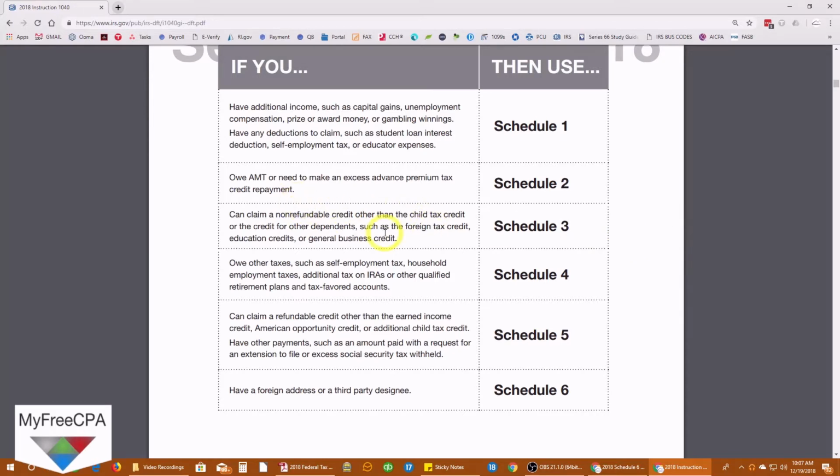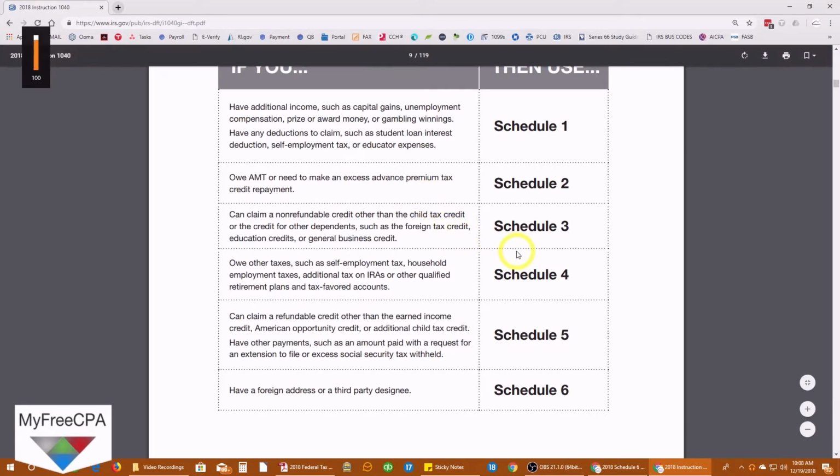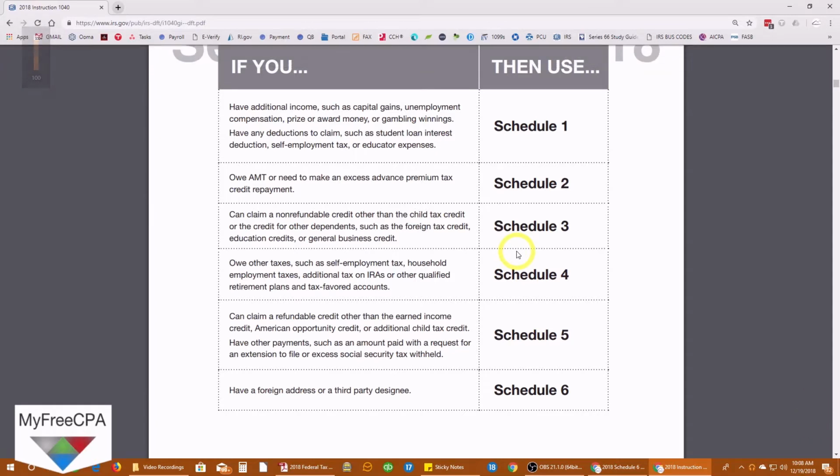Schedule 2 is what you owe. You have the additional minimum tax, AMT. That's for usually rich individuals with lots of deductions that are itemized. Excess advance premium tax credits. Now, what are those? The advance premium tax credit is going to be as follows.